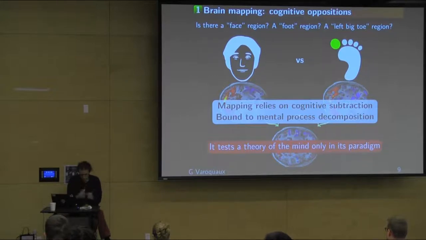So really the core aspect here is that brain mapping can only test a theory of the mind in its own paradigm. You need to accept the theory of the mind. You need to accept the decomposition of mental processes to interpret the results of a functional task fMRI experiment. Okay?